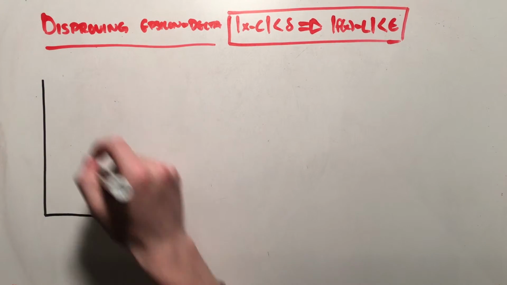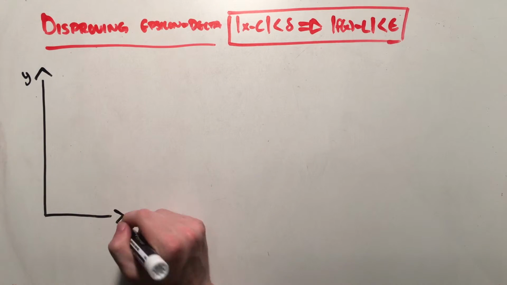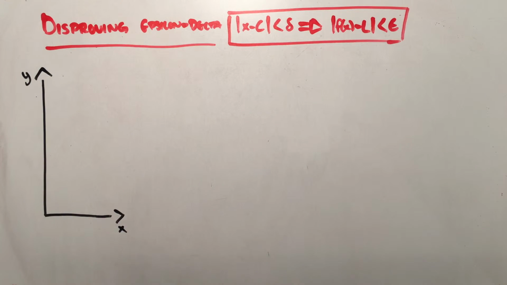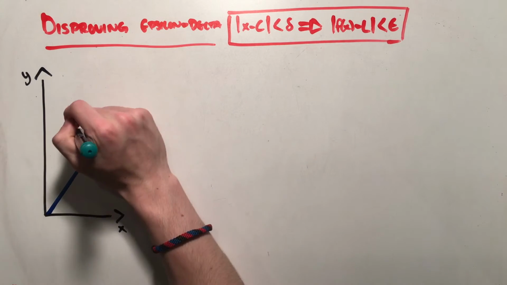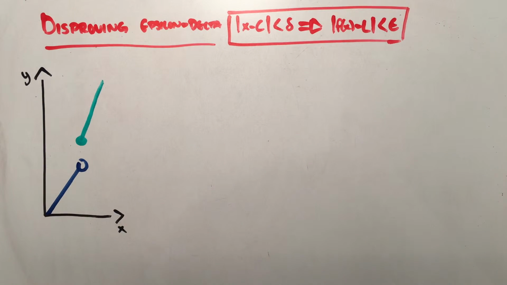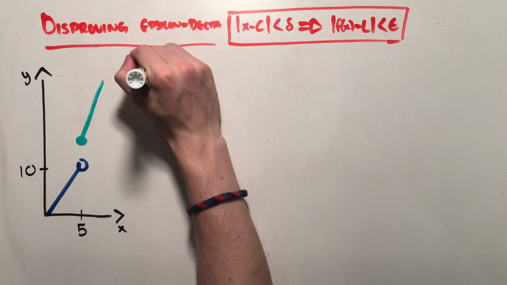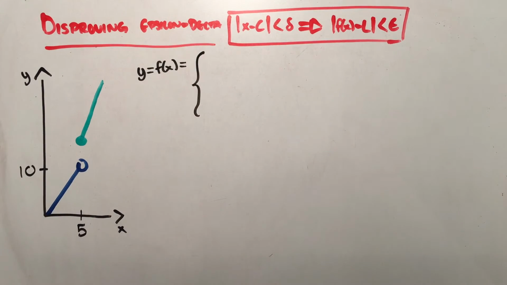Let's take a function where the limit doesn't exist at c, say a piecewise, where f of x equals 2x when x is less than c, and f of x equals 3x when x is greater than or equal to c, where c equals 5. Say we assume, mistakenly, that the limit of this function, or L, is again equal to 10.